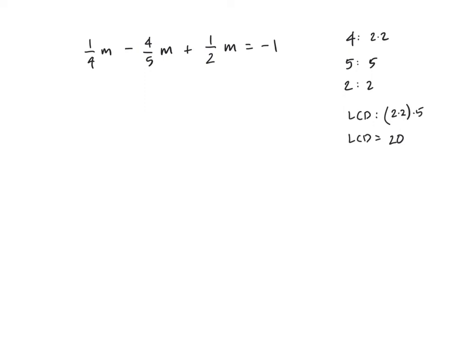Okay, now we've got our LCD, so we're going to multiply both sides of this equation. Don't forget, you have to do both sides. So multiply that by 20, multiply that by 20. I'm going to be distributing this 20, remember, to here, to here, and to here. So 20 times 1/4 is 5m.